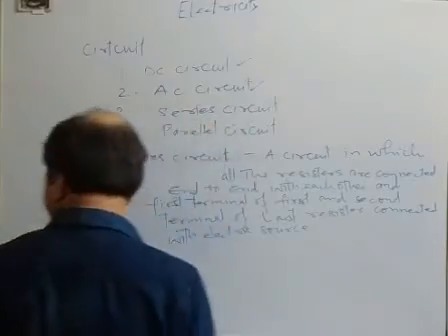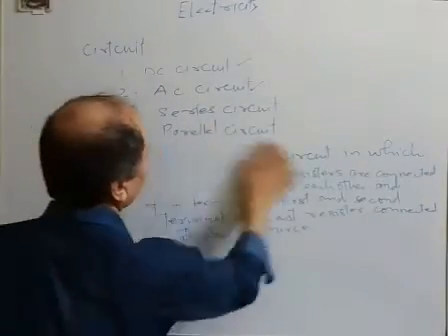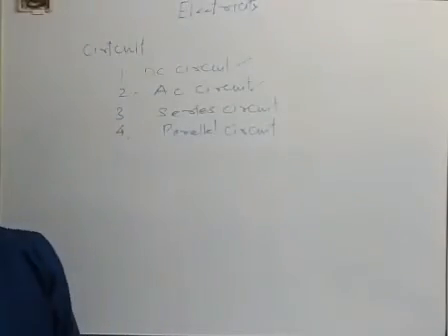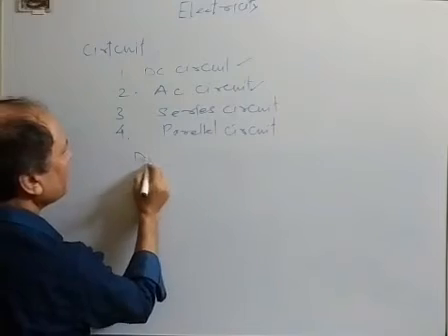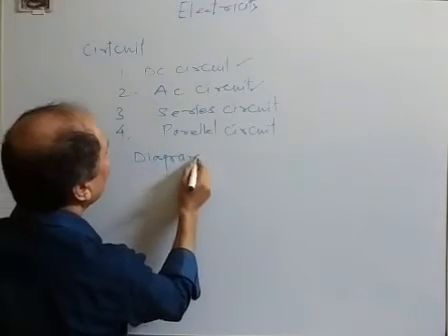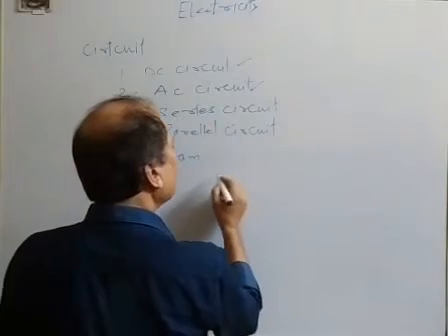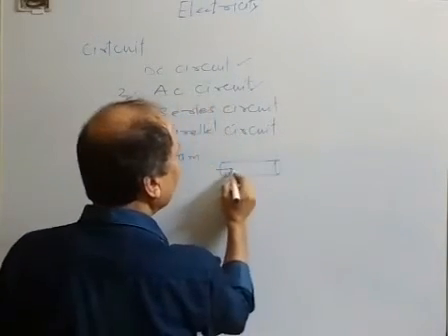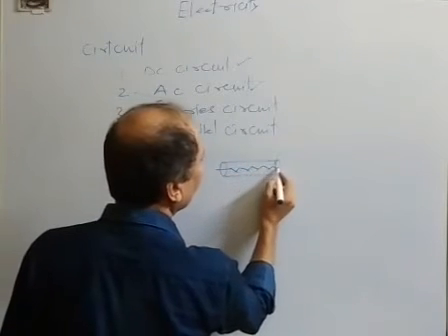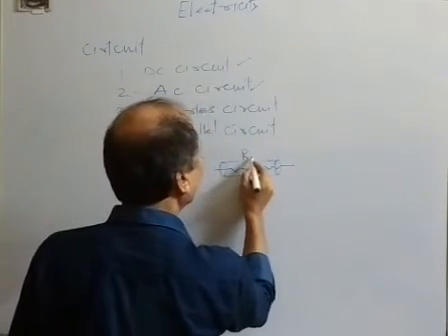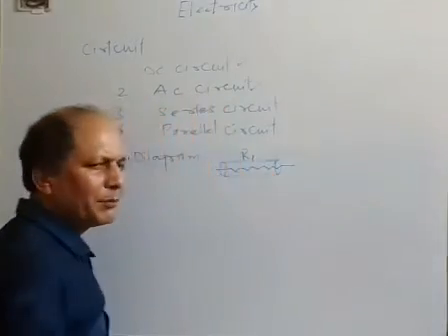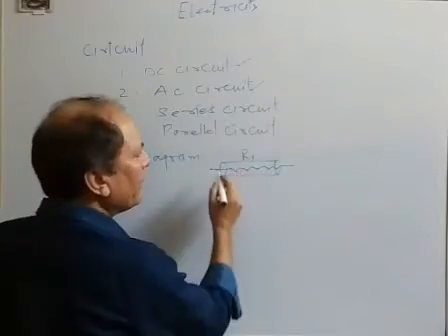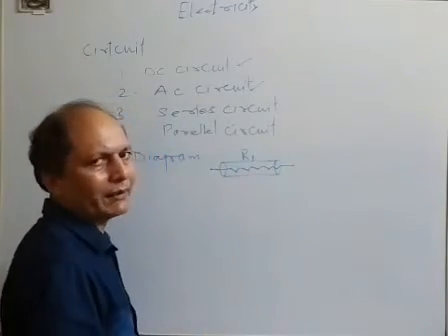Now see the figure diagram. Suppose here is a resistor having resistance R. Previously I have told you that a zigzag line is the representation of resistor.